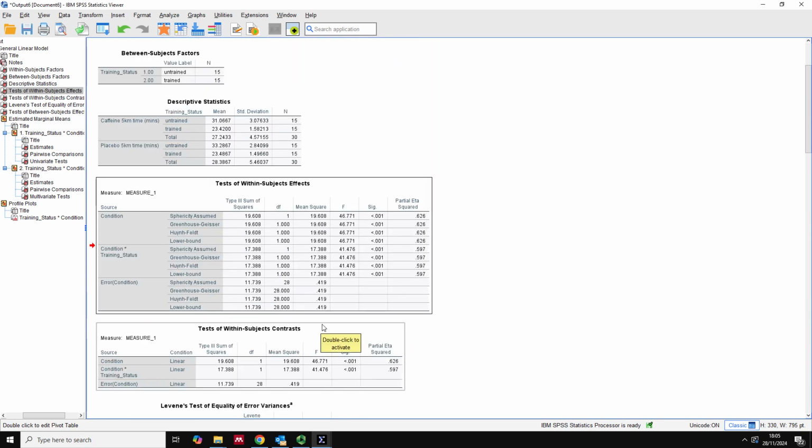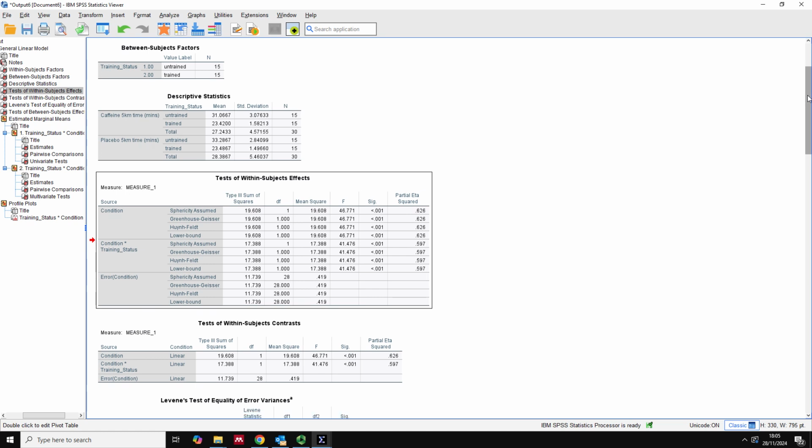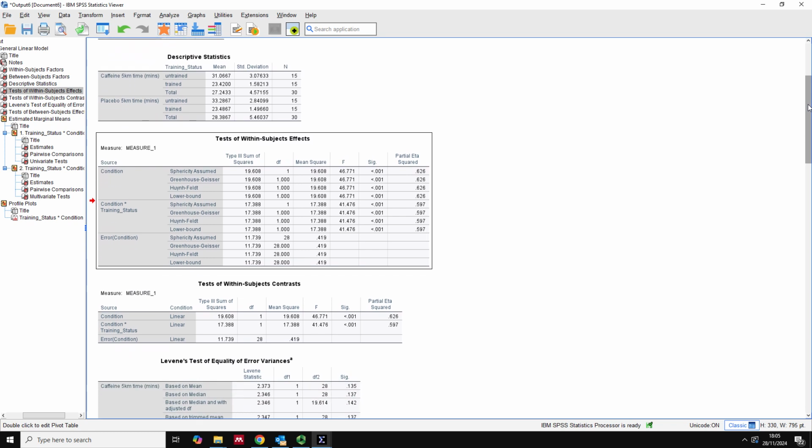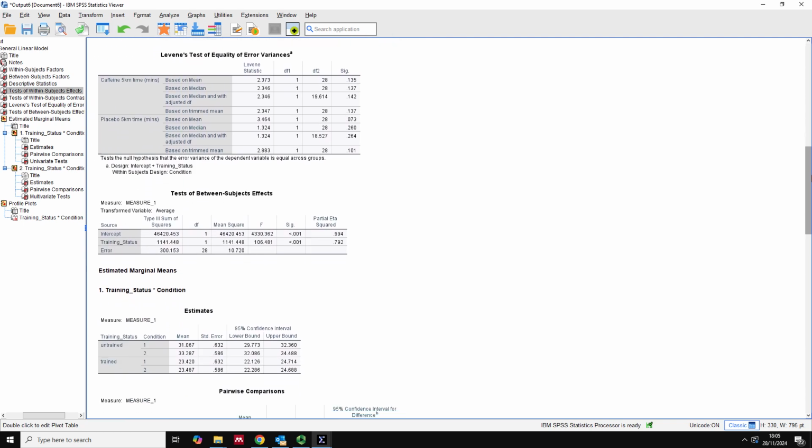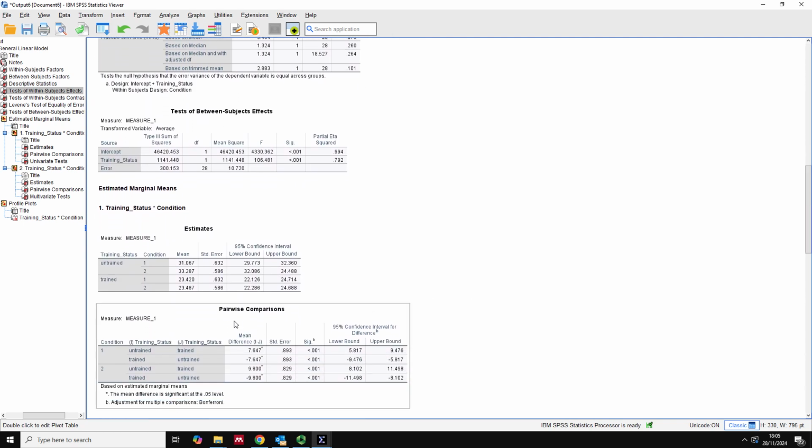So now we want to probe that interaction effect, look at how things differ between training status and the condition. We're going to go down to this first table that says pairwise comparisons. What's compared here is condition 1 versus condition 2, so caffeine versus placebo. It's saying that in the caffeine condition, untrained people had a significantly different 5k time to those in the trained group.